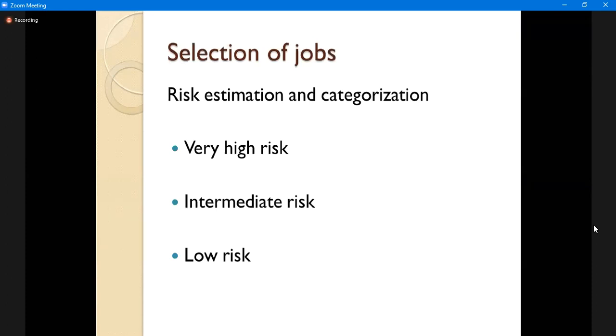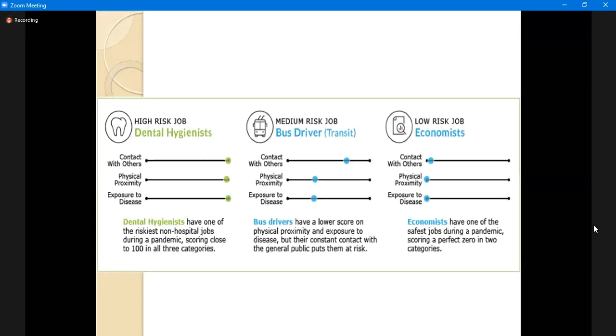But if the high risk job is not going to bring a lot of money to you, then probably you will avoid doing that. So what people are trying to do is to bring a balance between the amount of risk that somebody would face in a pandemic like this, not only in this one, any pandemic to come, and how much money, the salary, that they would get. And this is what is called the risk estimation.